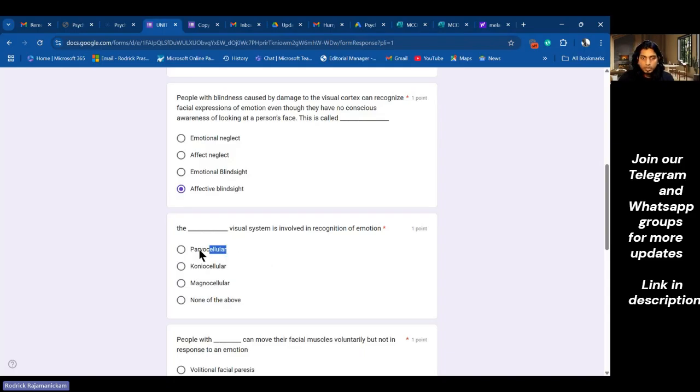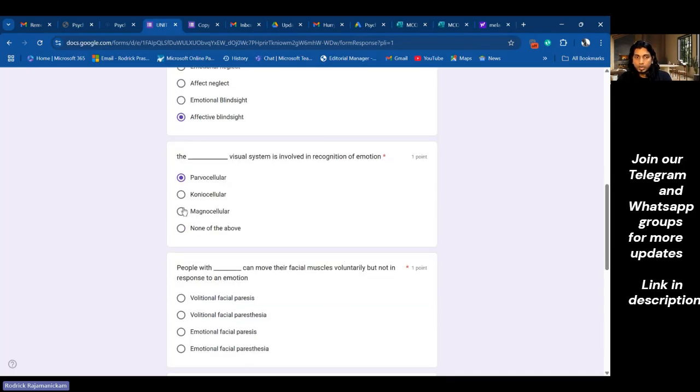The parvocellular includes colors and differentiation in shades. It provides information to the temporal lobe and to your fusiform gyrus. So it is not movement. Koniocellular is a combination of both. So it's the parvocellular part of the visual system which is involved in recognition of emotions rather than magnocellular. Magnocellular is for movement.